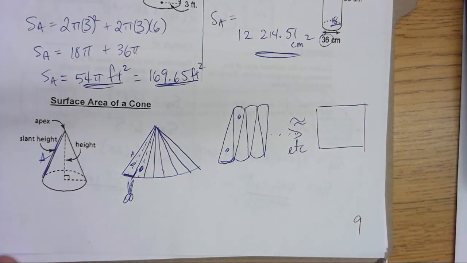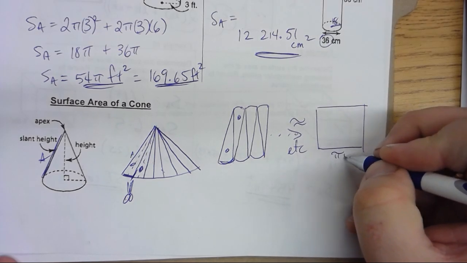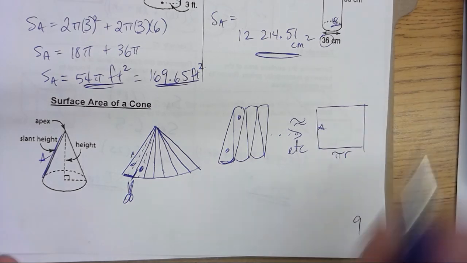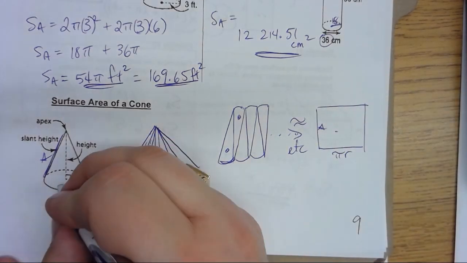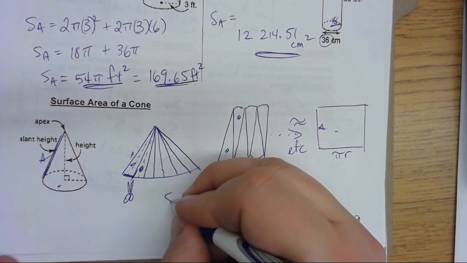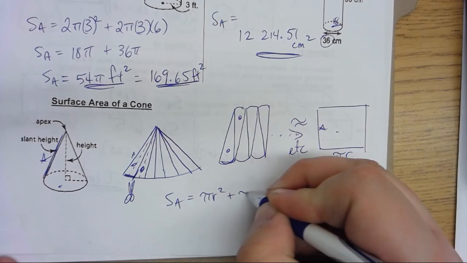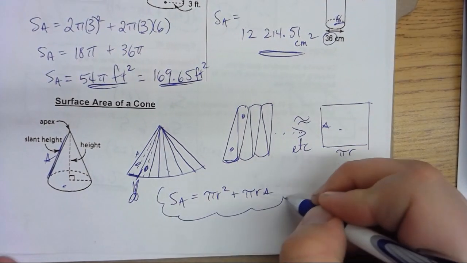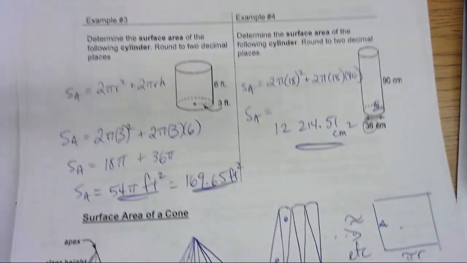And that rectangle would have pi r for this length, because it's half of the circumference, and s for this length. So I have a rectangle and a circle, and my formula is pi r squared plus pi r s. And that's the formula that we're going to use for the cone. So let's try a couple of examples.